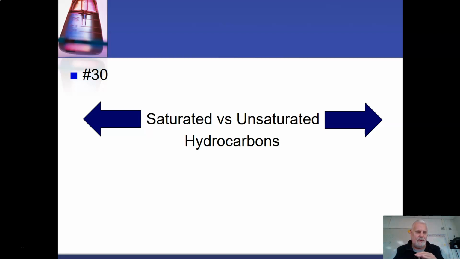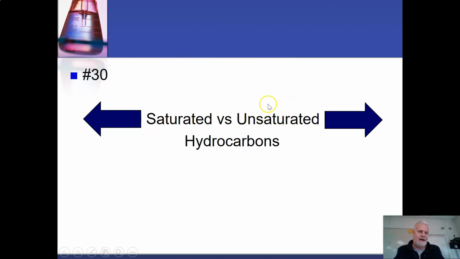Make sure you get that written down. And unsaturated means it has at least one double or triple bond, meaning you're going to have fewer hydrogens because you have to add those double or triple bonds. This question on the test just uses double bonds.